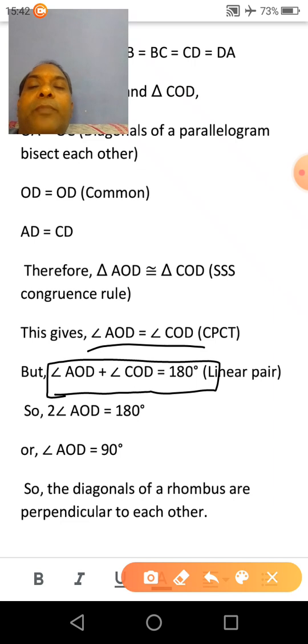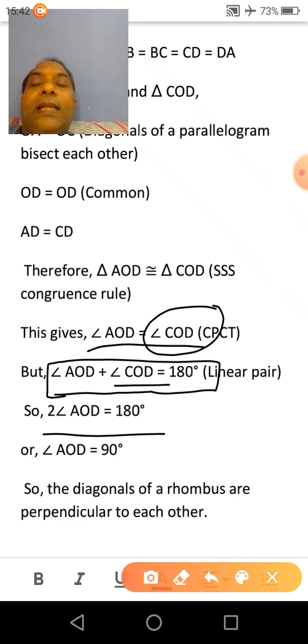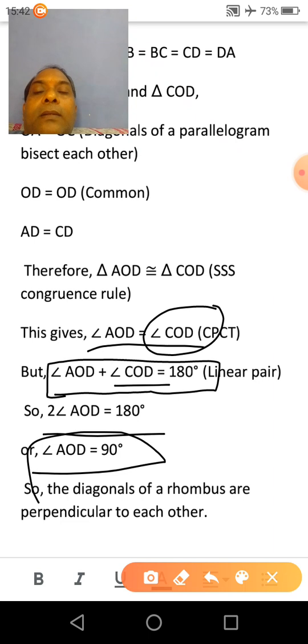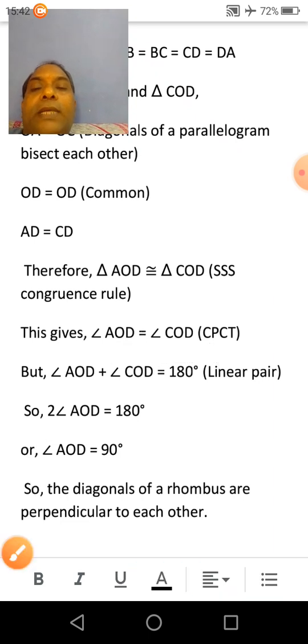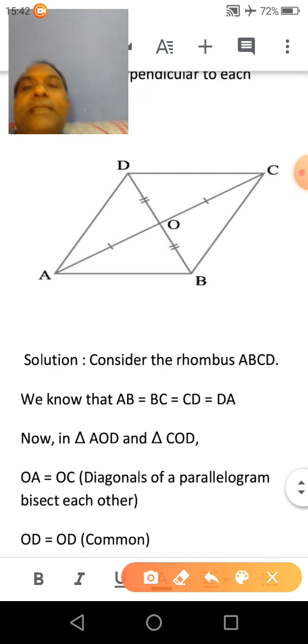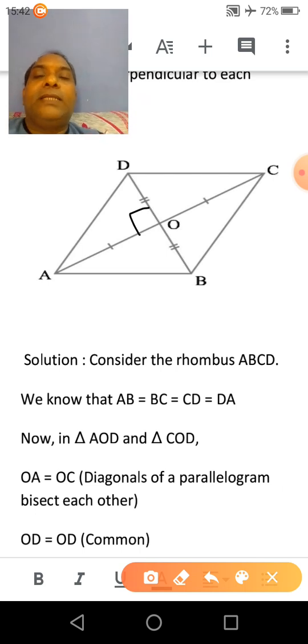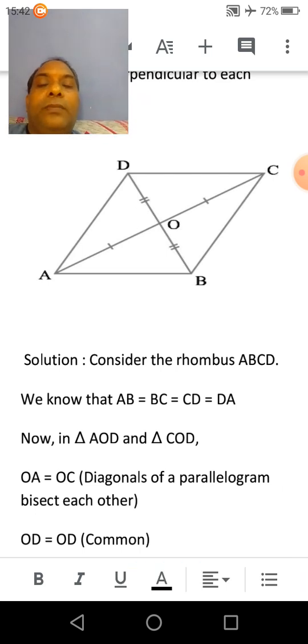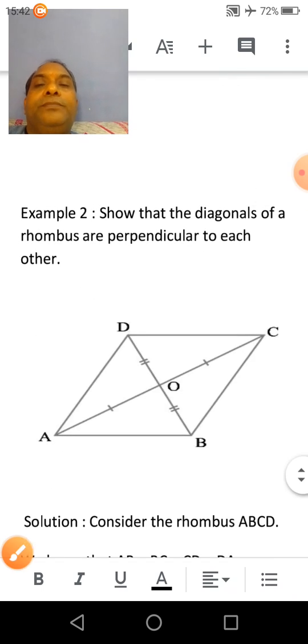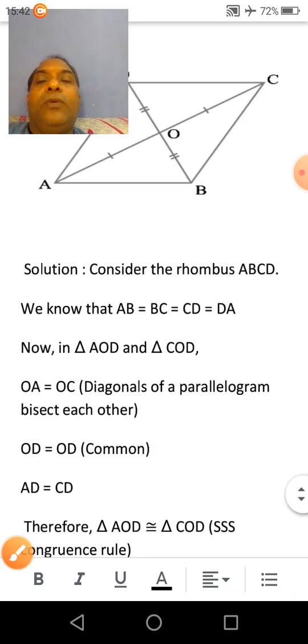So you can put angle AOD in place of COD here. So twice angle AOD is equal to 180, then angle AOD will be equal to 90 degrees. So the diagonals of a rhombus are perpendicular to each other, meaning this angle is 90 degrees. Clear?